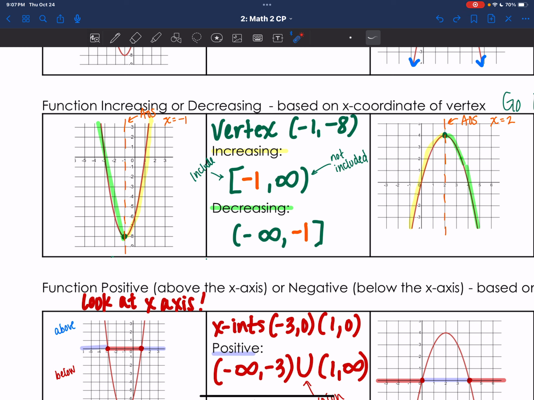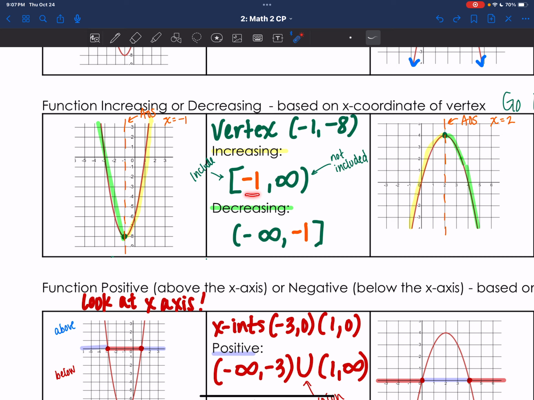So when we go left to right, we're going down, which would be decreasing. And we came from -infinity. This is continuing, it's constant, so we're keeping this curved. And then it stops right here at -1, and we include that point, so that's why we do the bracket. And then, as we're going left to right, we notice it's increasing this way.